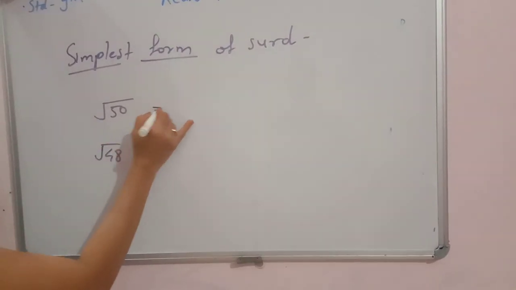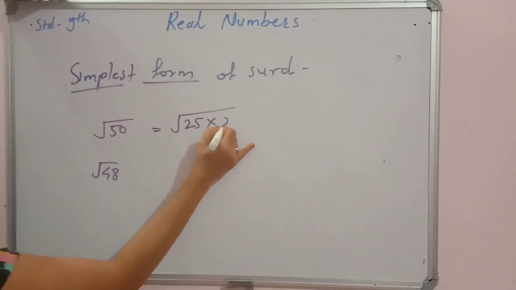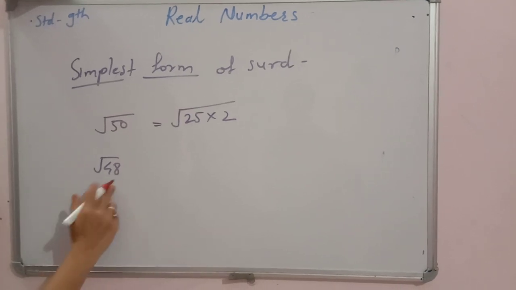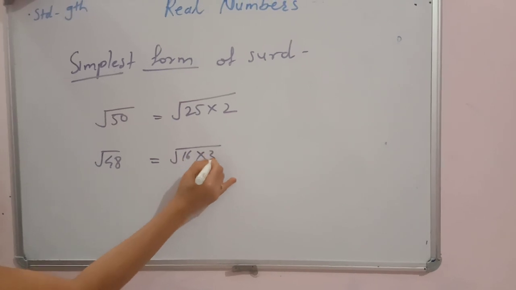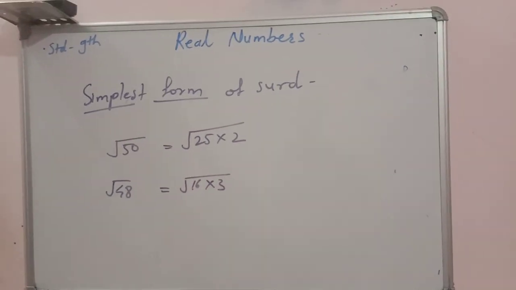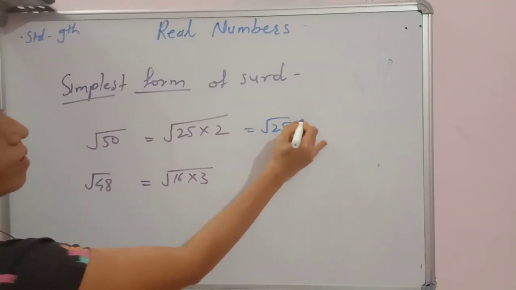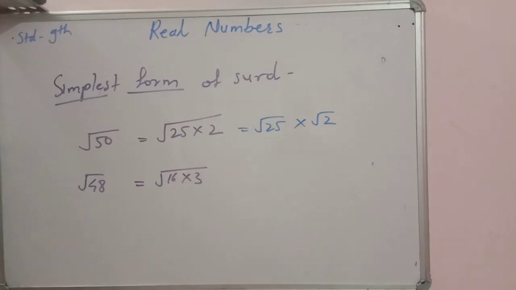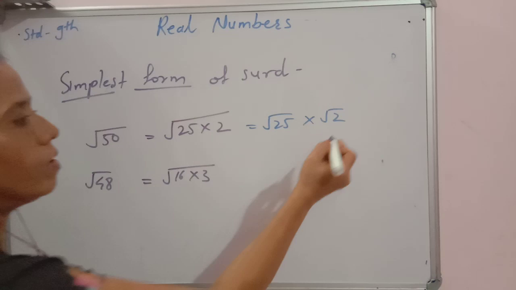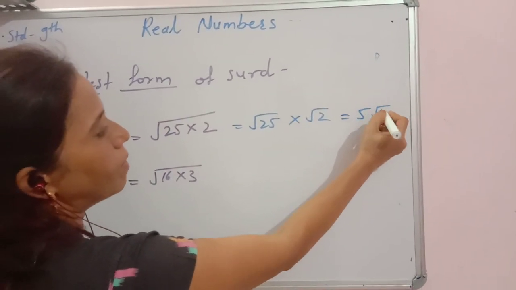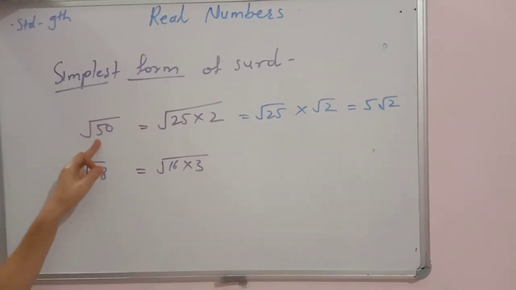But we can factorize 50 as 25 multiplied by 2, and we can factorize 48 as 16 multiplied by 3. So we can write root 25 multiplied by root 2 by the rules of indices. Now what is the value of root 25? It is 5, so we get 5 multiplied by root 2. So this is known as the simplest form of this surd.